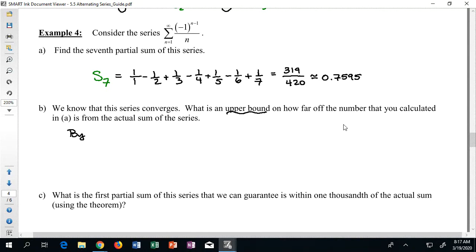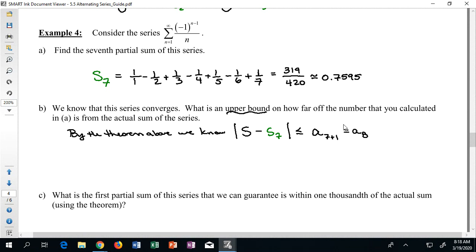So I'll state this. By the theorem above, we know that whatever S is, when I subtract S number 7 from it, that should automatically be less than or equal to A sub 7 plus 1, or A sub 8.